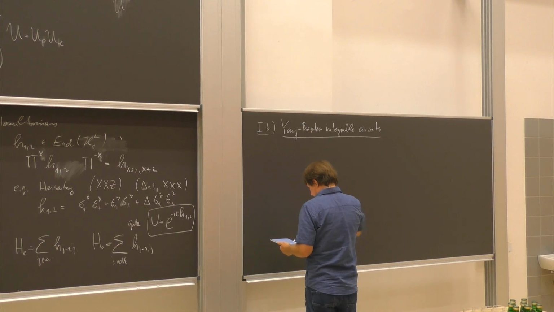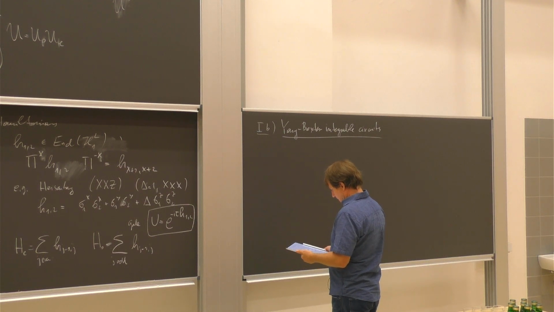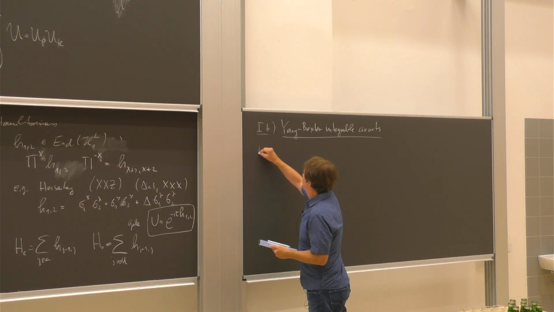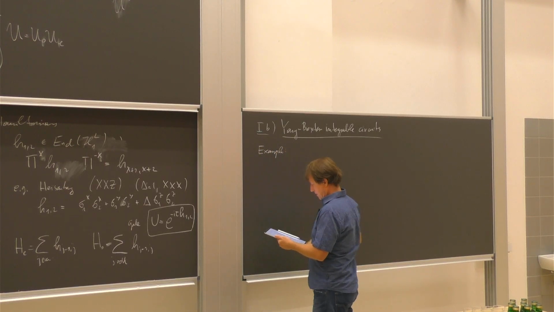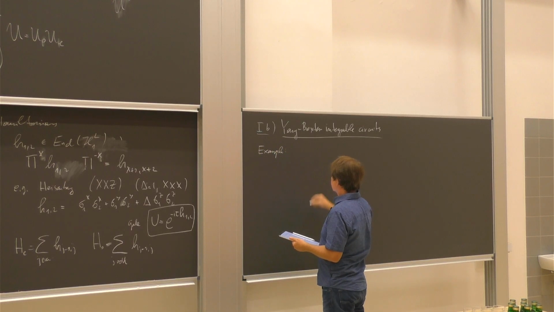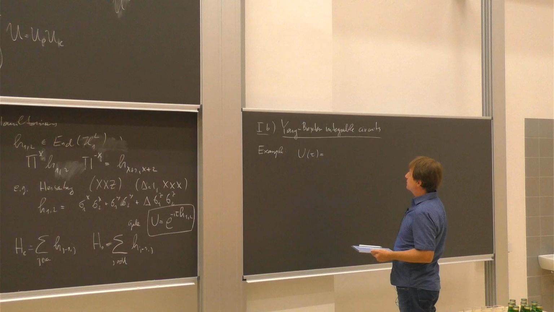All right. Let me just start with an example. Take the following gate. Take the following, let's say, d squared by d squared matrix.